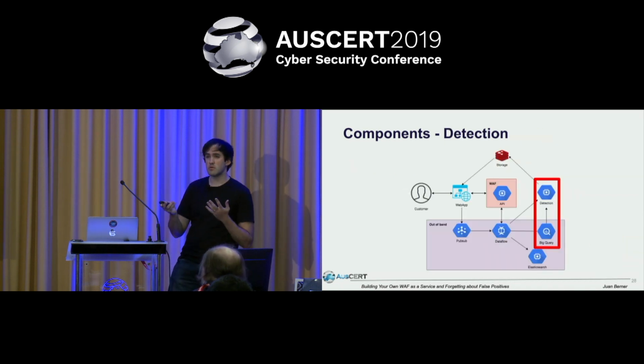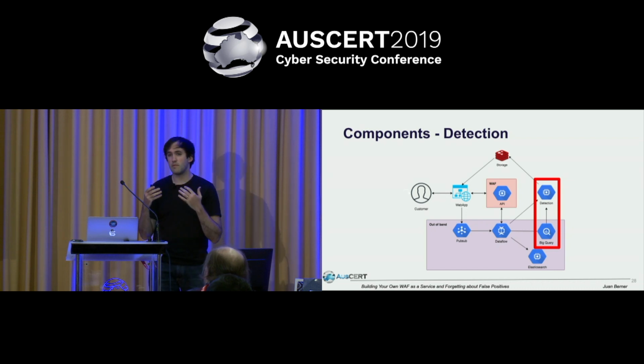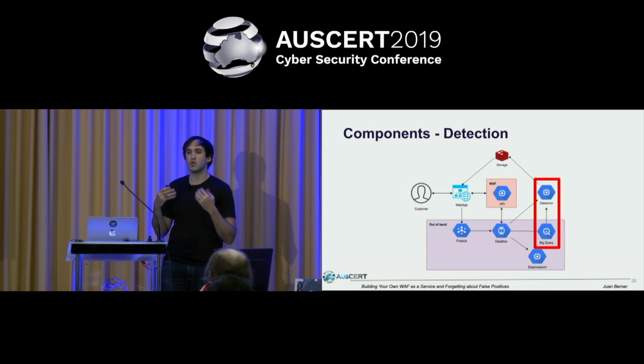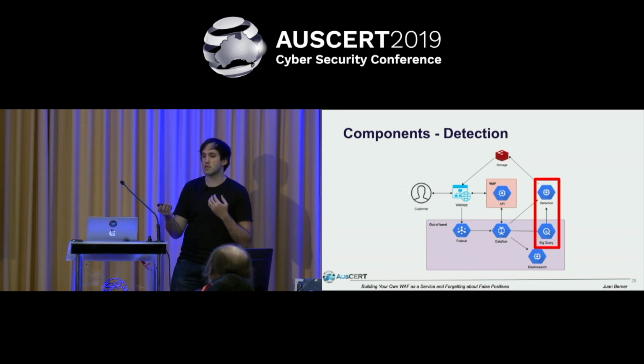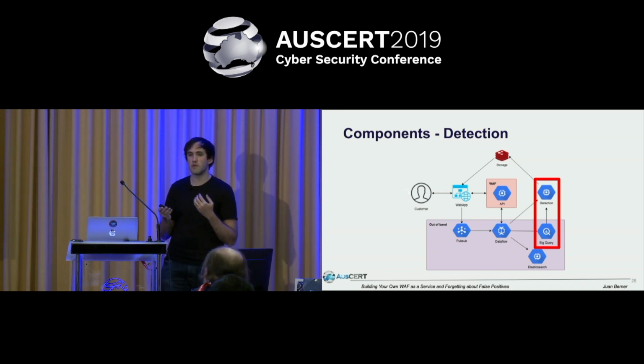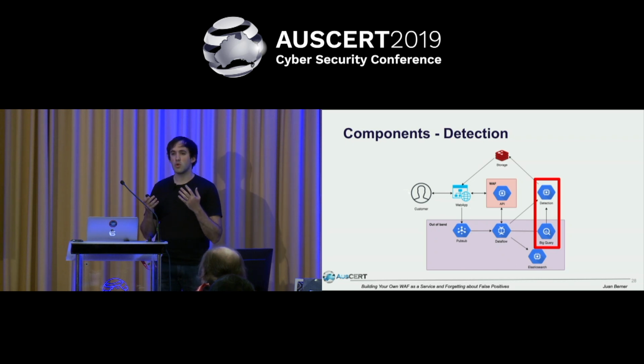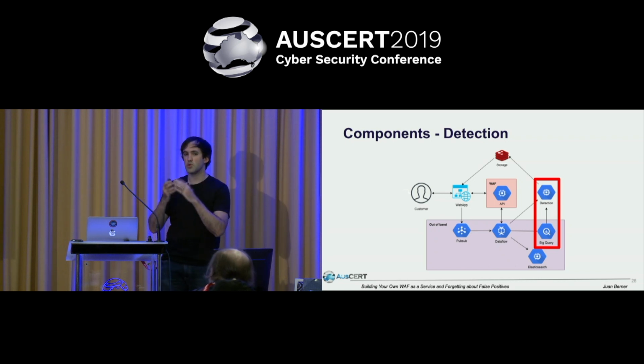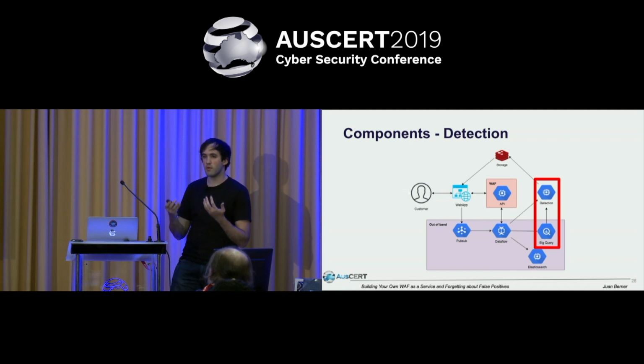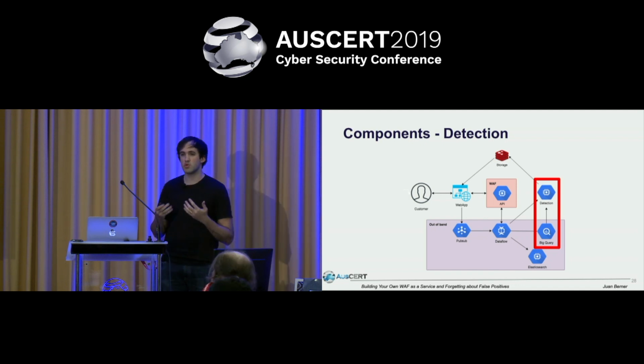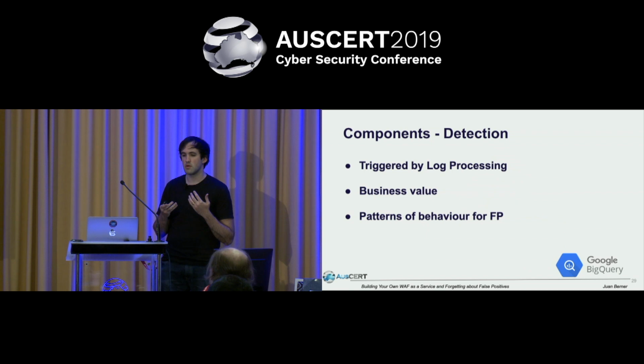And finally, detection. So if the out-of-band process sees in a window of time something that it considers the score is high enough, it will send it, in this case through a queue, to a detection service, which is going to use the information received and other information to make a decision, to decide if something is wrong or not.